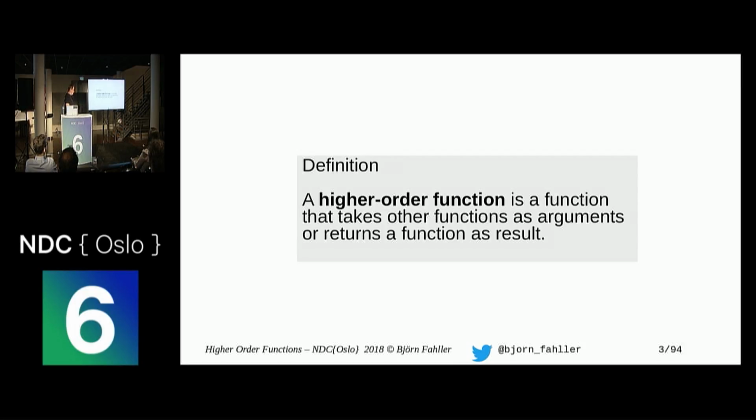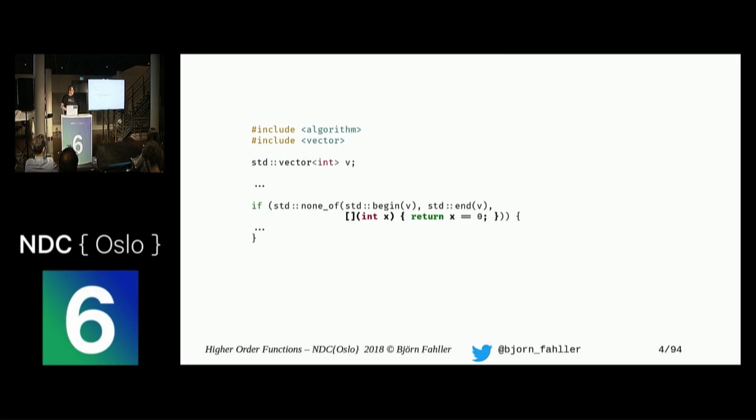For the purpose of the context of this talk, when I say a function, I mean anything that can be called. It doesn't have to be a function in the C sense of a function. It can be a lambda, it can be an object with a function call operator defined, or it can be a static member function or what have you, something that can be called. So here's an example.